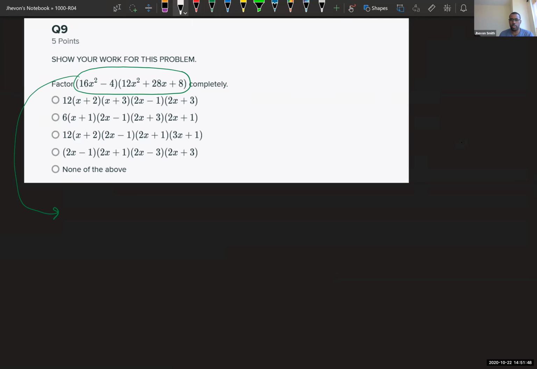Notice there's a common factor of 4 in the first one. So I can factor out a 4, I'd be left with 4x squared minus 1. I can also factor out a common 4 in the second parentheses. This will leave me with 3x squared plus 4, into that goes what, 7? Plus 2.